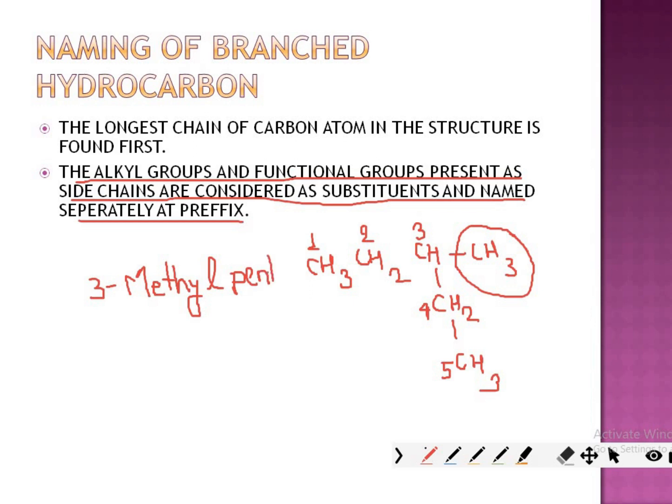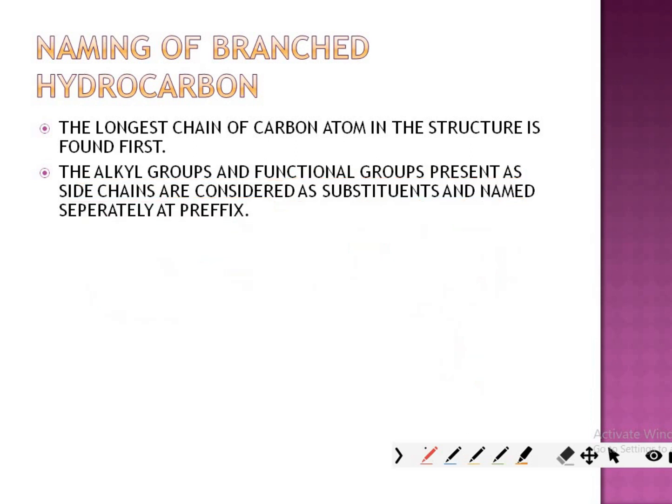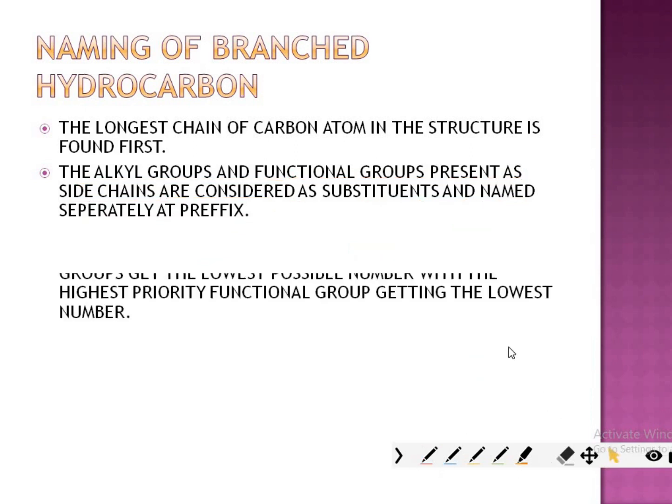And then the suffix, which will be ane, because it is an alkane. So this is the name of this compound, 3-methylpentane. We call this compound 3-methylpentane. Okay, now let's see the next rule.